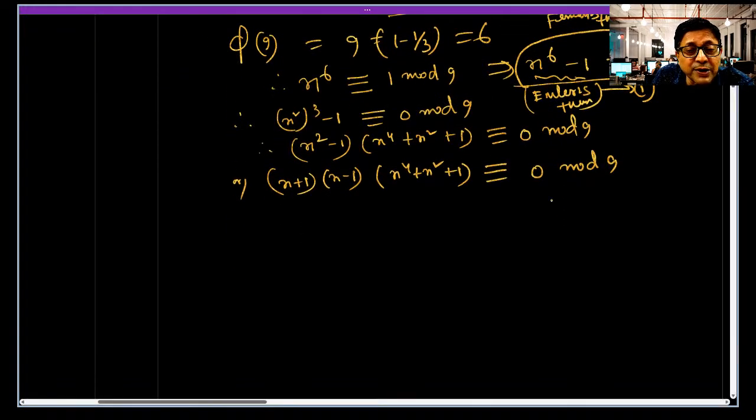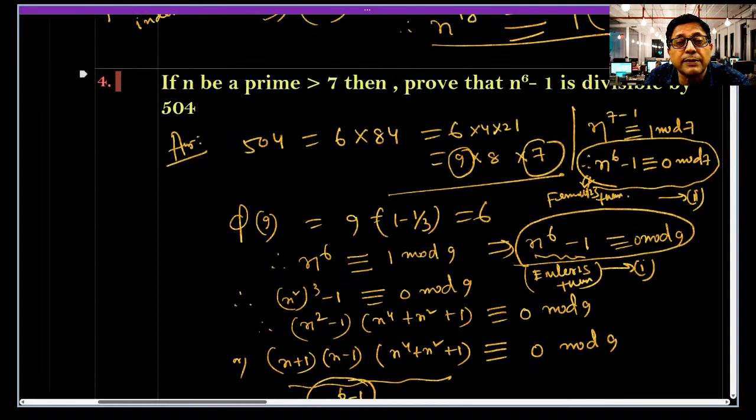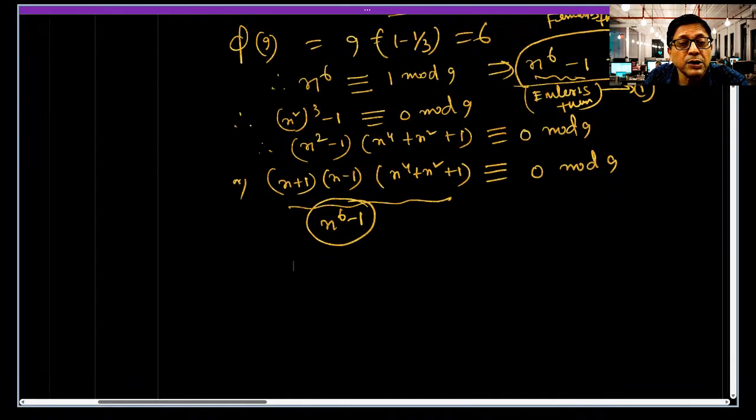When n to the power 6 minus 1 is the matter of concern, we can test divisibility by 4. Since n is given a prime number, prime numbers are of the form what? n equal to 4k plus 1.